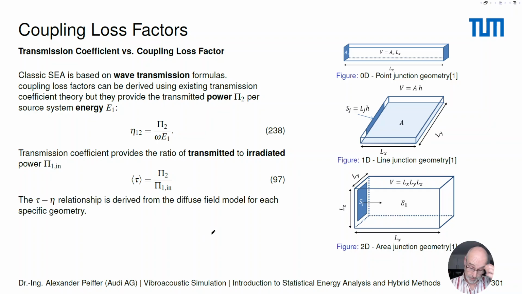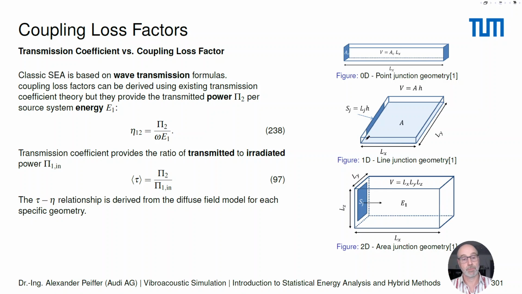As you know, there was a large chapter dealing with all the different dimensions of the diffuse field, and from these different dimensions we could derive a clear relationship between tau and eta for each specific geometry. So you might have different kinds of junction configuration. 0D would be the connection of at least one one-dimensional system.